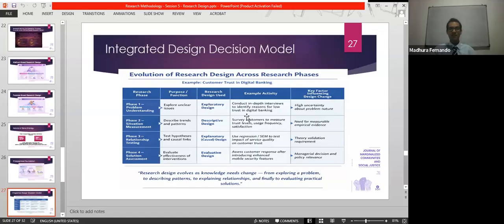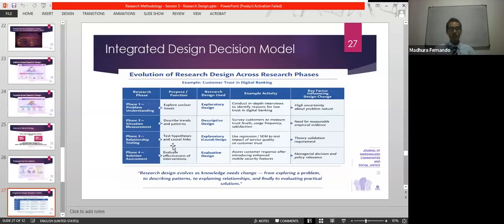You can measure up to which level their trust is. You can measure their trust levels, usage frequencies, and satisfaction numerically. There is a need for measurable empirical evidence. When you need measurable empirical evidence, you employ descriptive design.